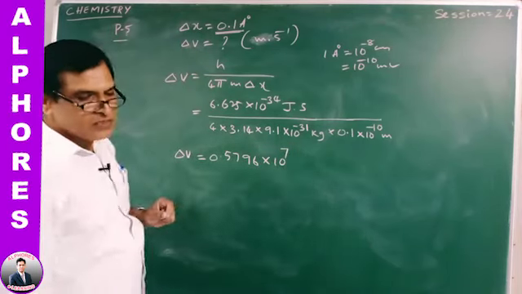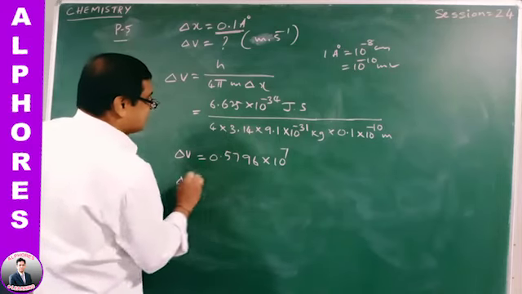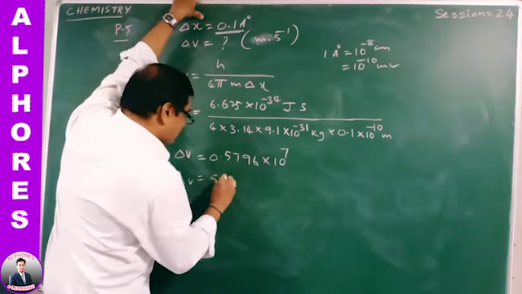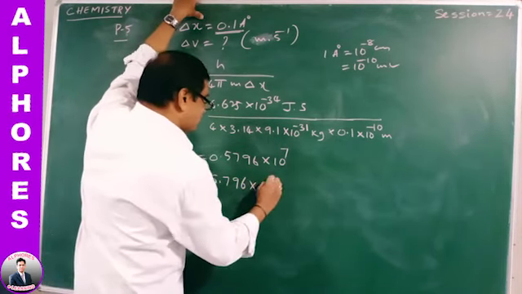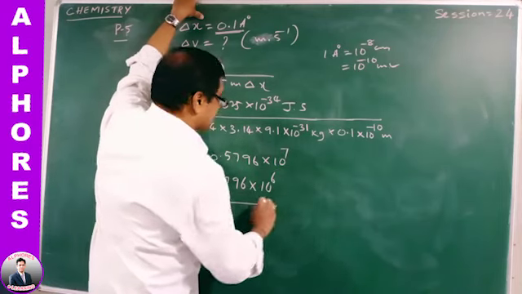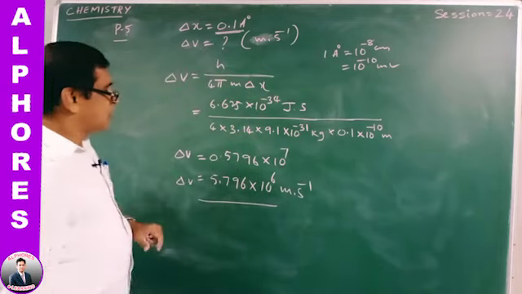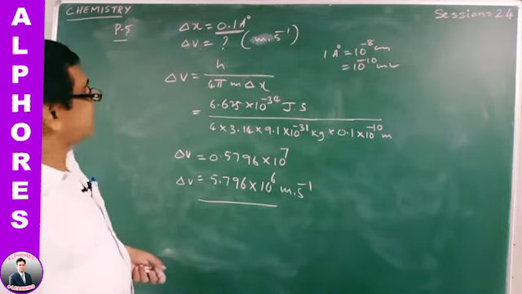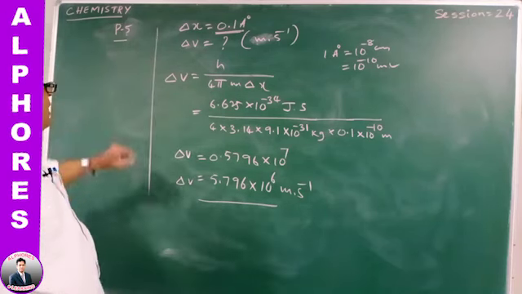Let us make the decimal: 5.796 into 10 to the power 6 meters per second. So this is the answer for the given problem.